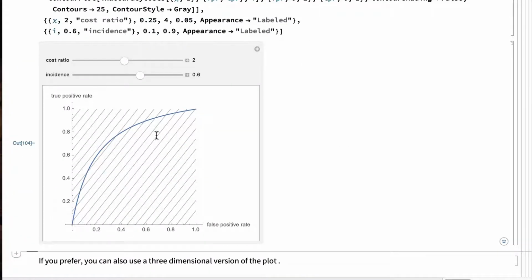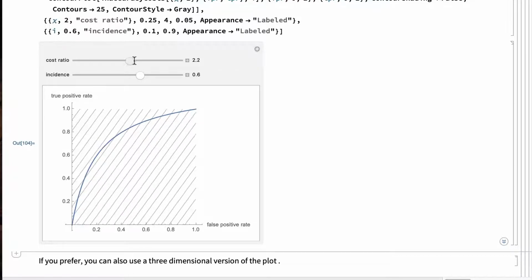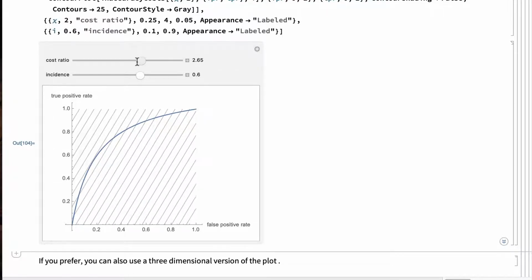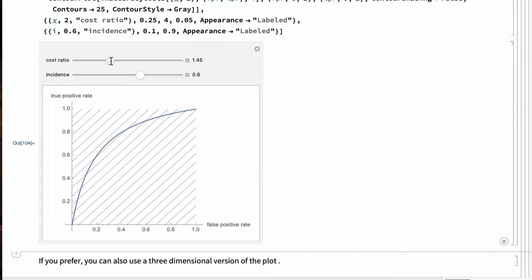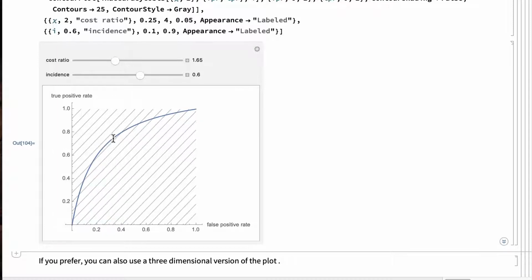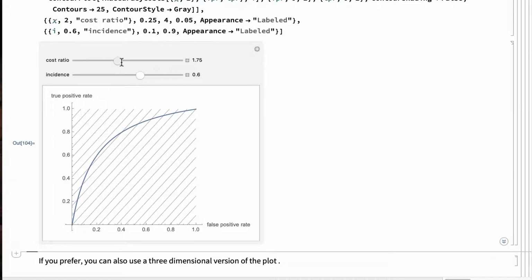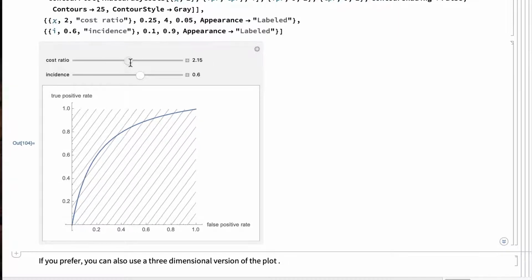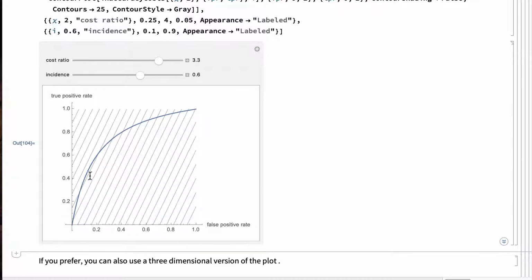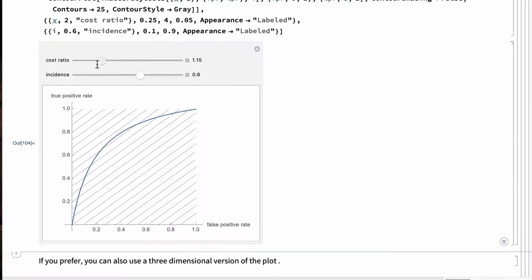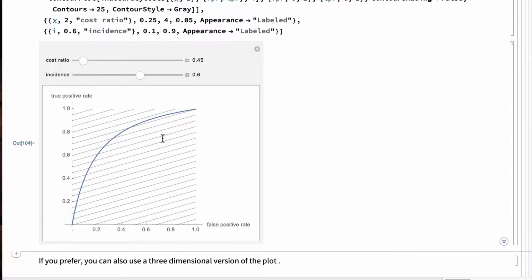All right, and so what we see is, as we change the cost ratio, the lines of equal inaccuracy change in slope, and so as I increase that cost ratio, you can see, I think, that the point of tangency is going to move down and to the left on our curve. So right now, I don't know, it might be about there, whereas if the cost ratio were considerably lower, like that, it might be all the way up here.